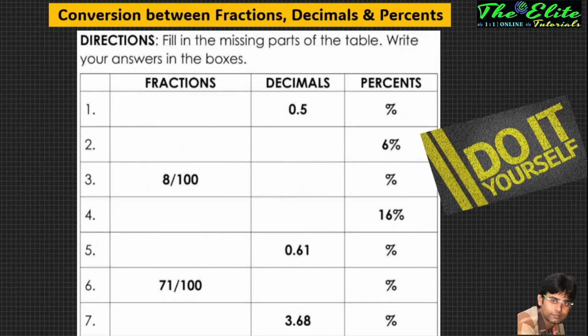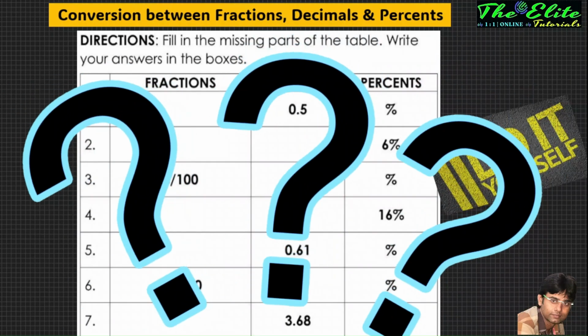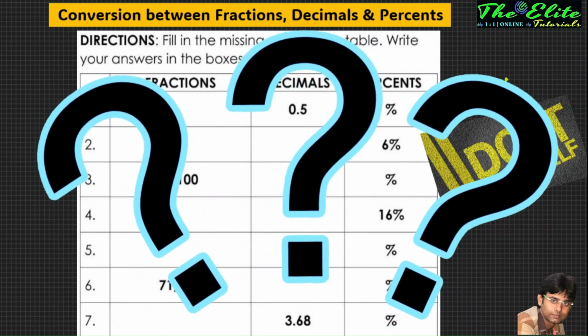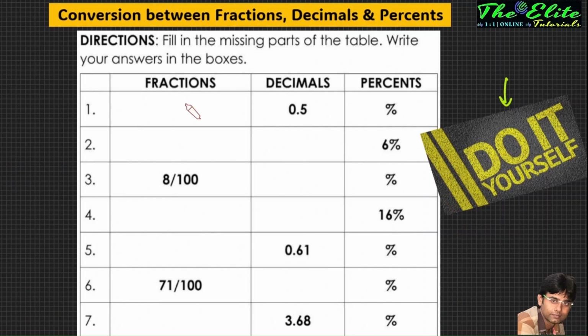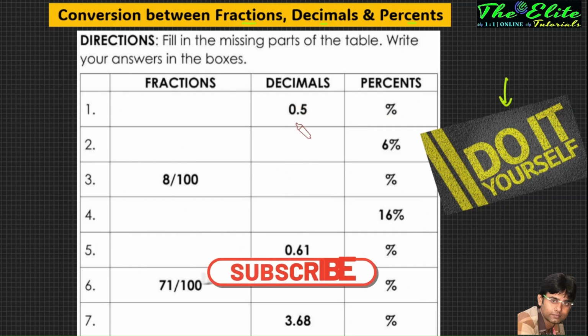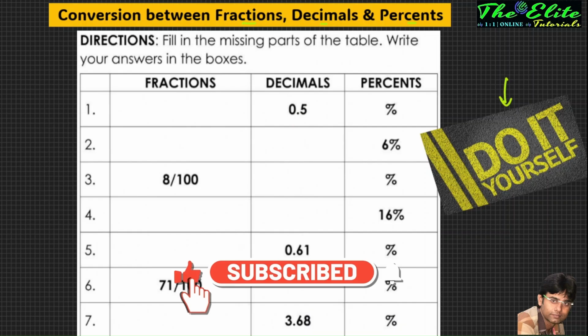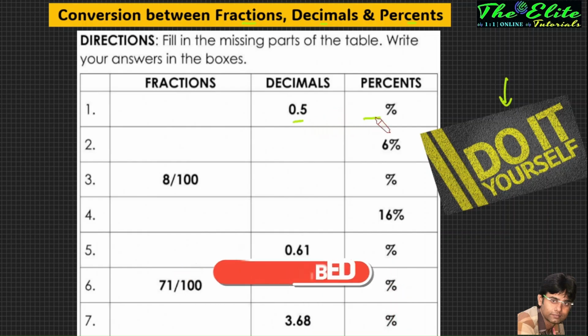So in this slide, I have got some questions for you, and that is why I have written here, do it yourself. It is all about conversion between all these three terms, that is fractions, decimals, and percents. Okay, for example, I can make one for you. If one is given like 0.5, that is, a decimal is given, so from the decimal you have to convert into a percentage and also a fraction, isn't it?